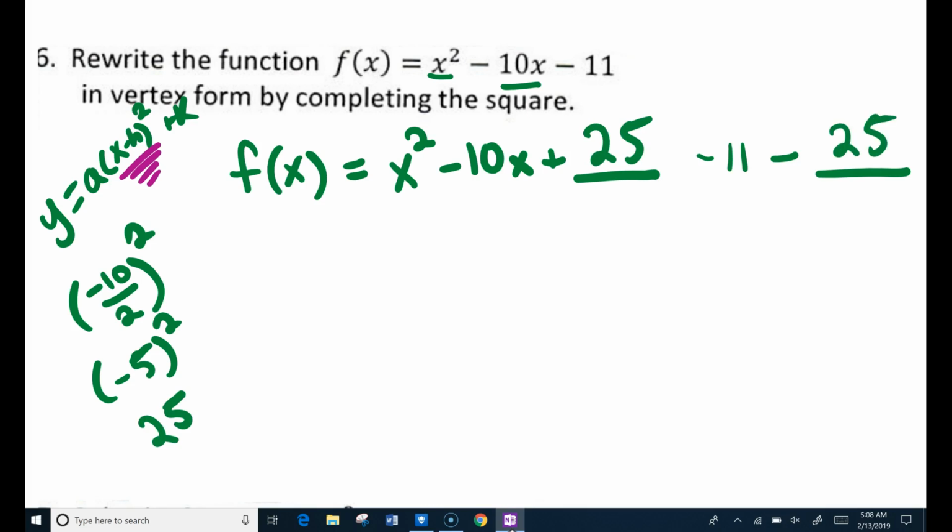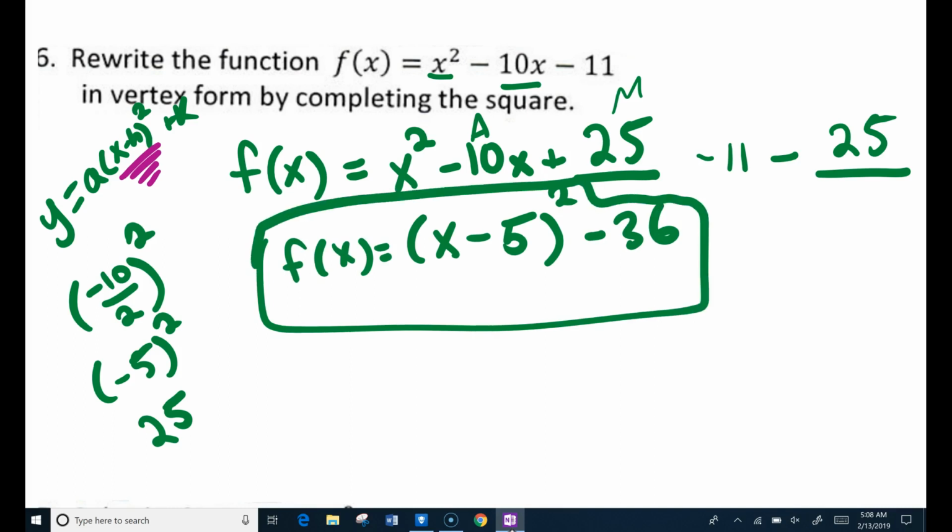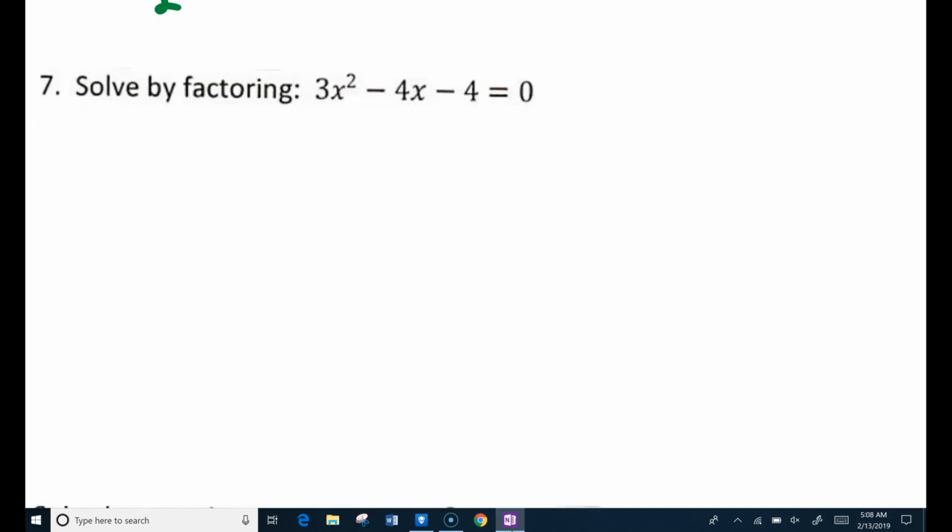So x squared minus 10x plus 25 factors into x minus 5 squared, because negative 5 times negative 5 multiplies to positive 25, and they add to negative 10, and negative 11 minus 25 is negative 36. And this is what your vertex form equation should look like.